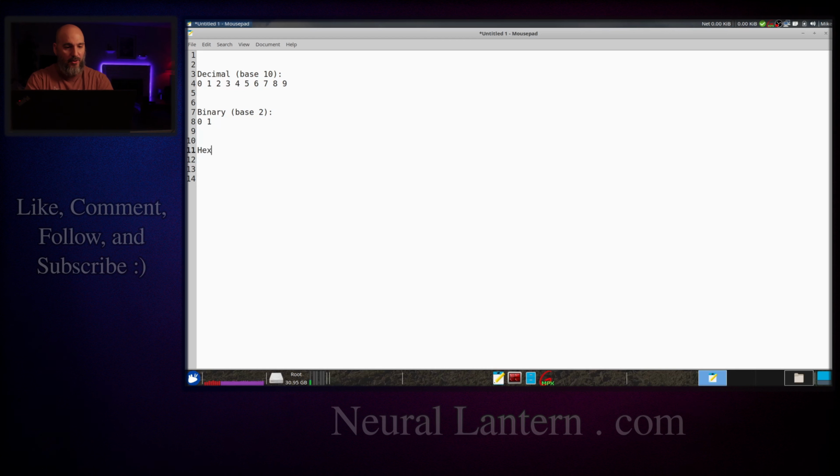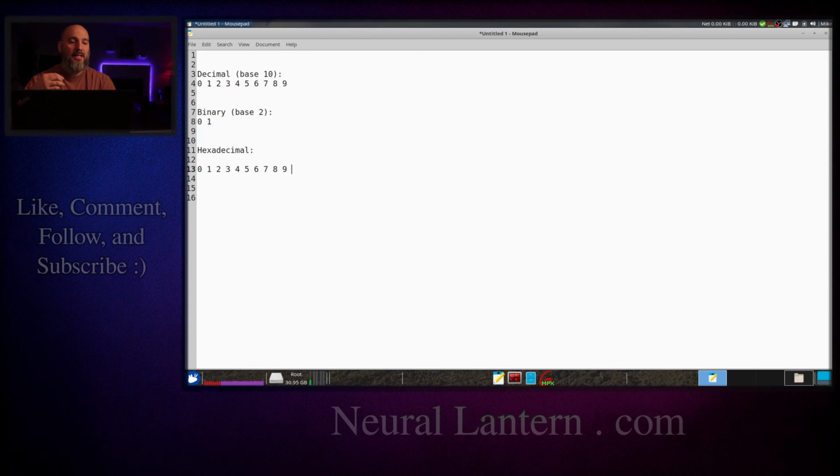So hex, or hexadecimal, we have 16 different characters. Did I say 15 a moment ago? Sorry if I did. So we start with the normal ones that base 10, decimal, has. So we go 0, 1, 2, 3, 4, 5, 6, 7, 8, 9. So that's 10. Then to represent the extra 6, we do A, B, C, D, E, F. Sorry, extra 6.